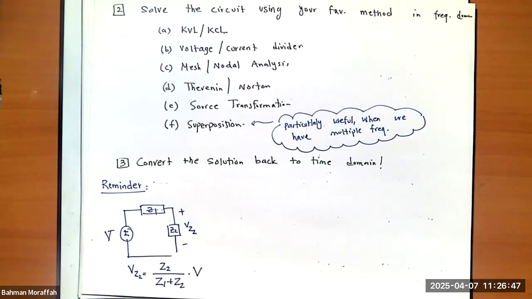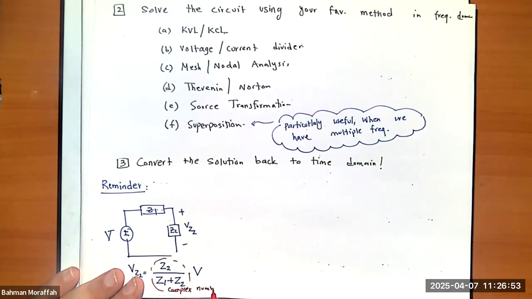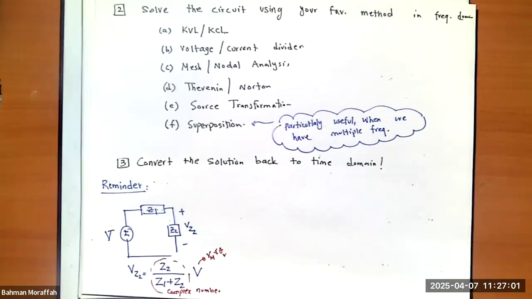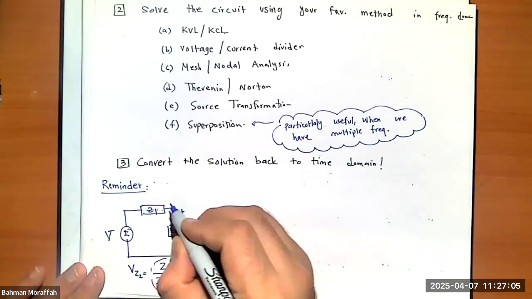The only difference here is that this is a complex number, and this V can be written as some magnitude and some phase. The rest is exactly the same. So this is a voltage divider.